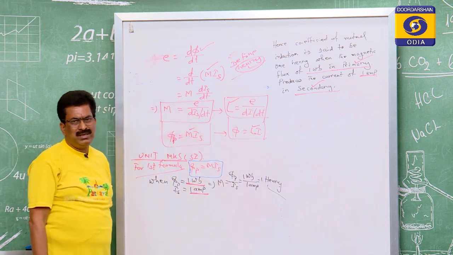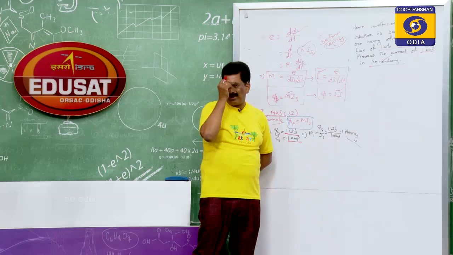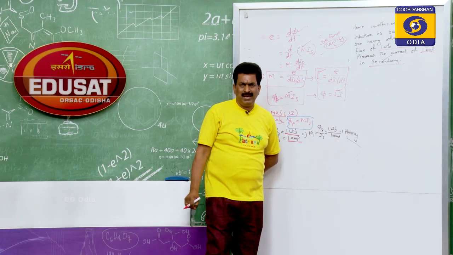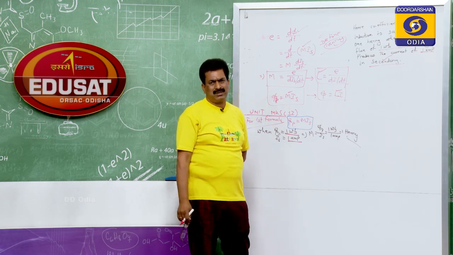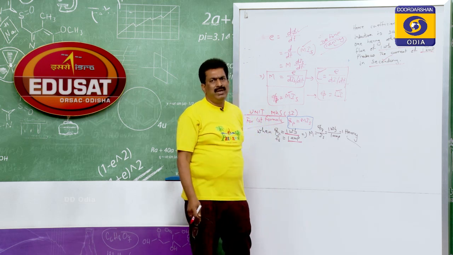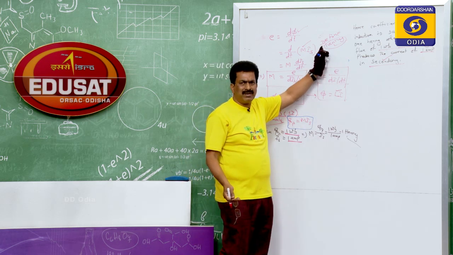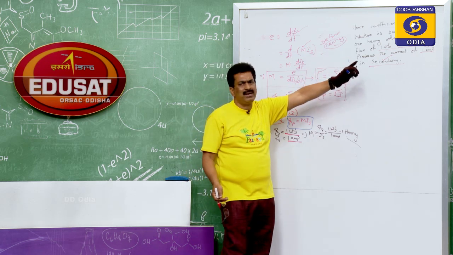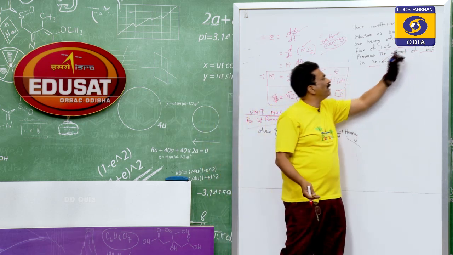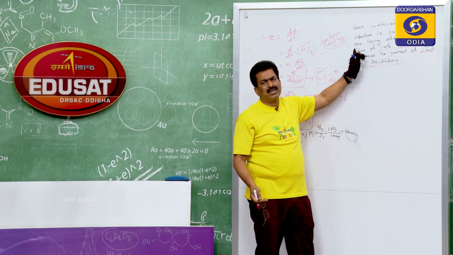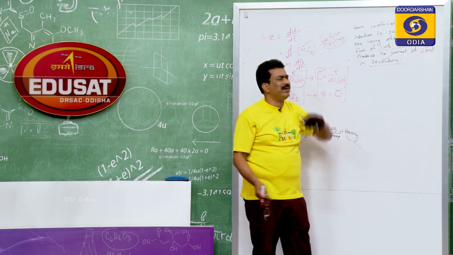Students, you must be in a dilemma about which definition to write, either for self induction or for mutual induction, but the choice is yours. If you write for self induction, there is nothing to write about the primary and the secondary words, and if you remove those words, that will correspond to self induction.